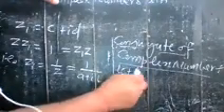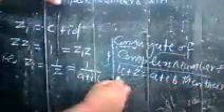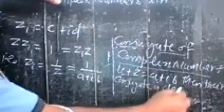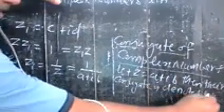You write, let z is equal to a plus ib, then their conjugate is denoted by z bar. Understand?